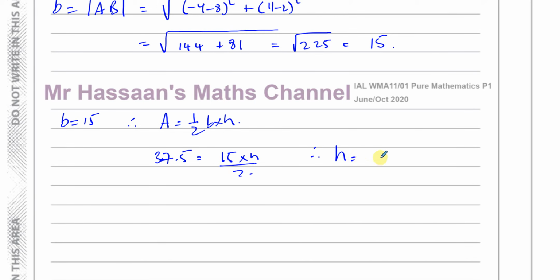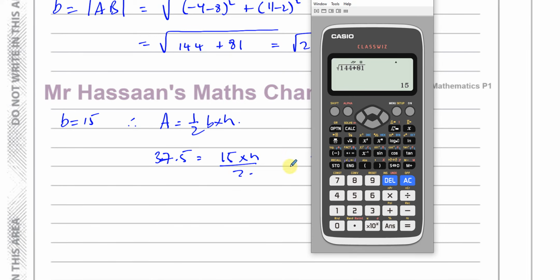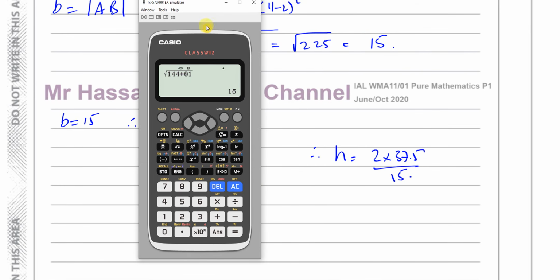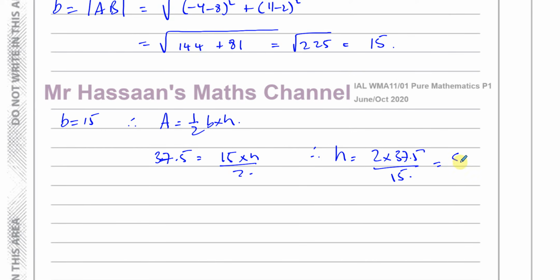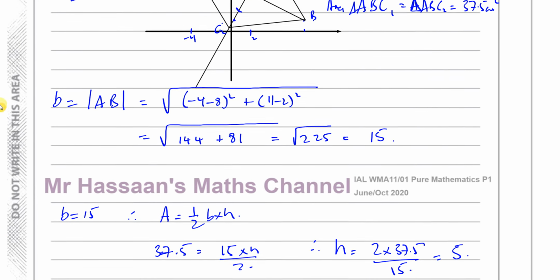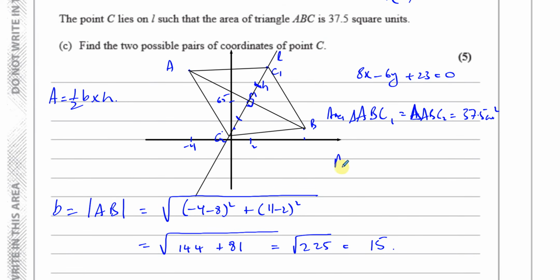So the height is going to be 2 times 37.5 over 15, which gives us 5. So we know that the height of the triangle is 5 units. So I know that from M to C1 is the same as M to C2, which is 5 units. So that's 5 units here and 5 units there.